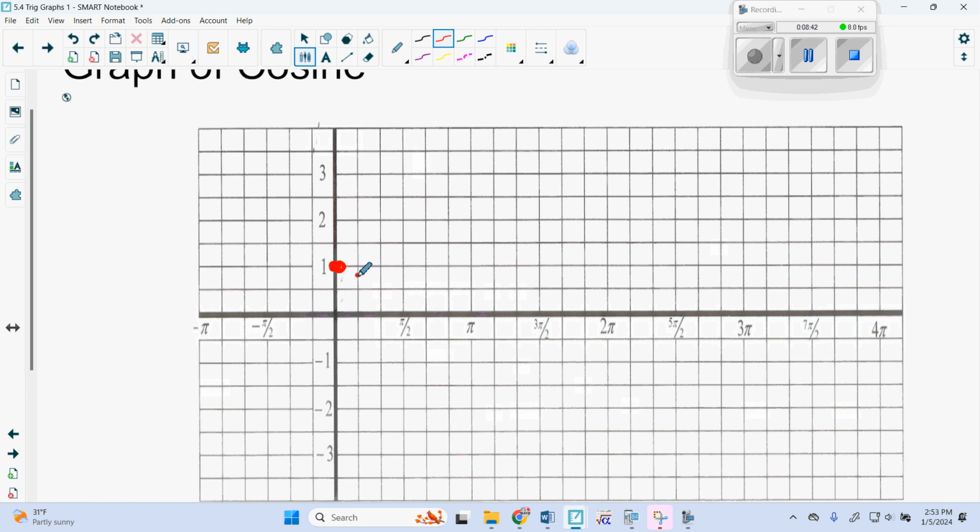And then it goes 0.86, 1/2, 0, negative 1/2, negative 0.86, negative 1, negative 0.86, negative 1/2, 0, 1/2, 0.86, 1. So there is one period of cosine.